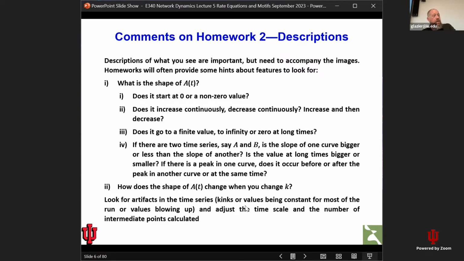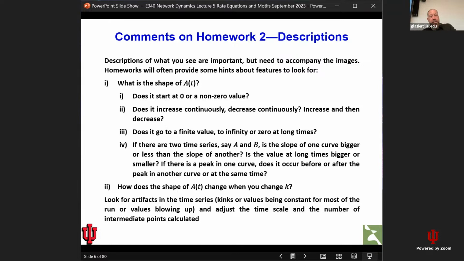And there's a comment here that I'll come back to, which is when you're doing these simulations, we'll typically say arbitrarily that the simulation runs from time 0 to 10 or 0 to 5 or 0 to 20. But you have to develop some intuition about looking at that and asking, is that a reasonable time scale over which things happen? If everything happens in between times 0 and 1 and you run to time 100, you can't see anything.